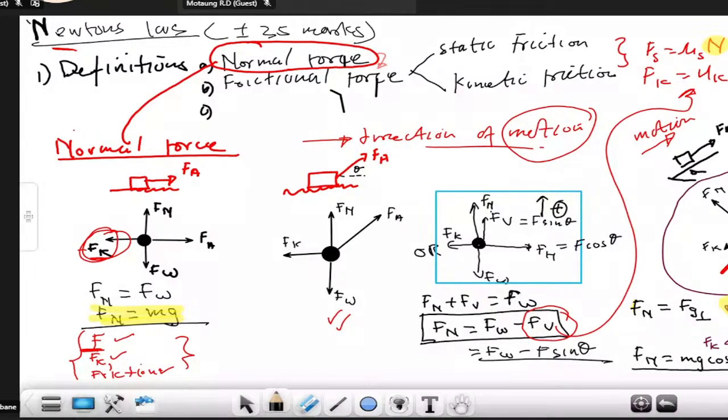This is what I am going to use when I have a situation of an inclined plane. That is going to assist me to say mg cos theta, and then this one here will be mg sine of theta, where theta, ladies and gentlemen, is actually this angle here, the angle of inclination.